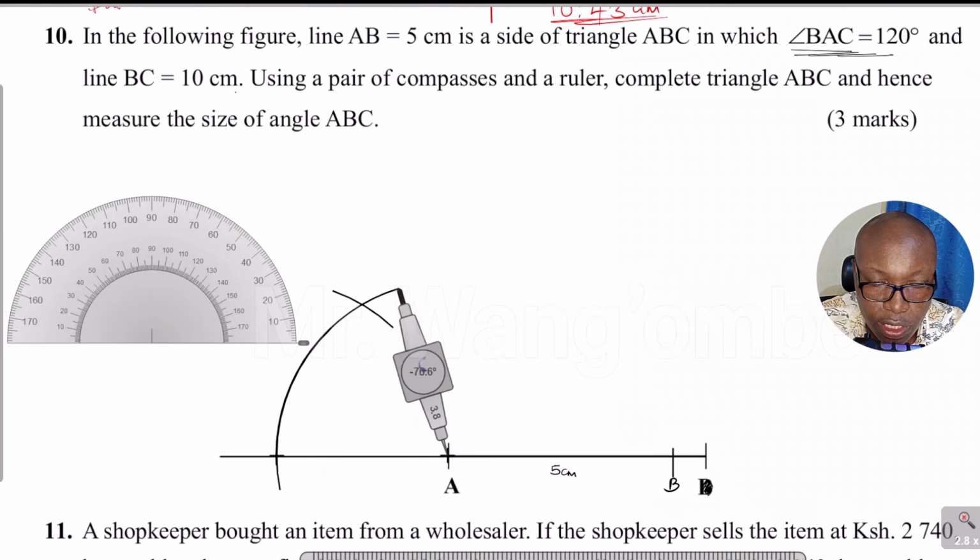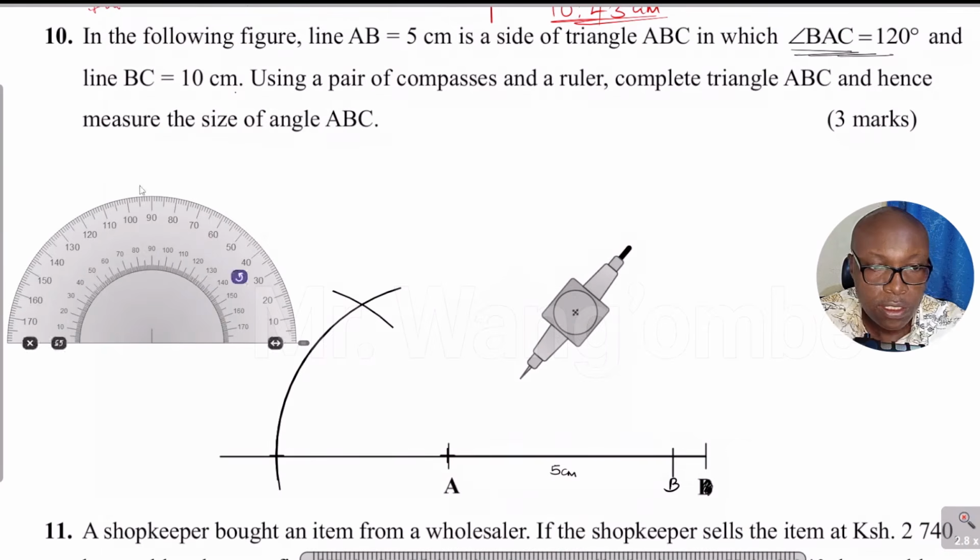So that is the arc. Then with the same radius, without changing it, you stand at this point here and cut that arc like that. So that will give an angle of 60 degrees.